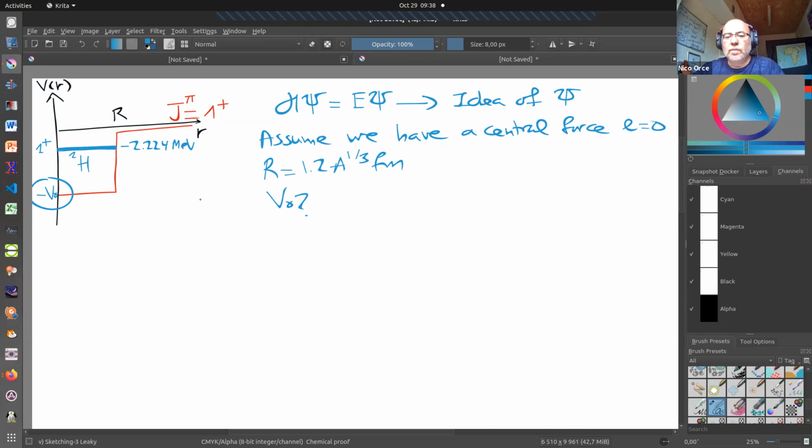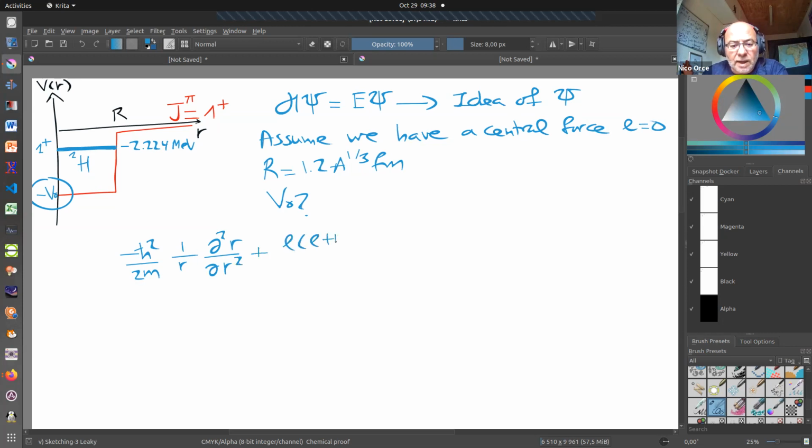So now what we do is the following. We just write the Schrodinger equation for a central force. So minus h bar squared over 2m, and let's write the full thing in spherical coordinates, the partial derivative over r squared, plus we're going to simplify this in a little bit.